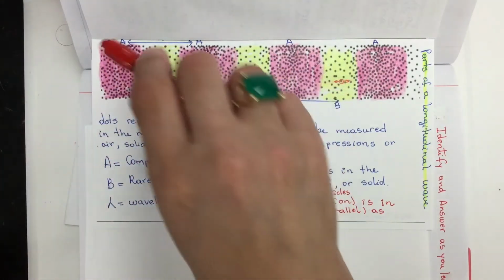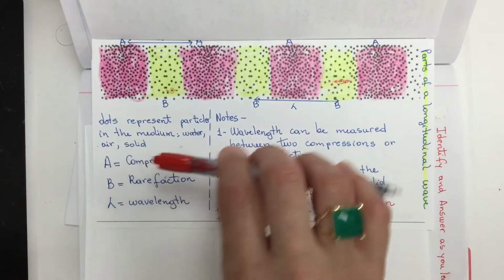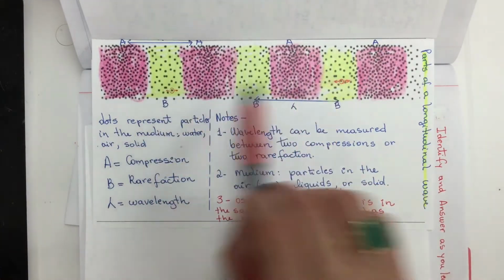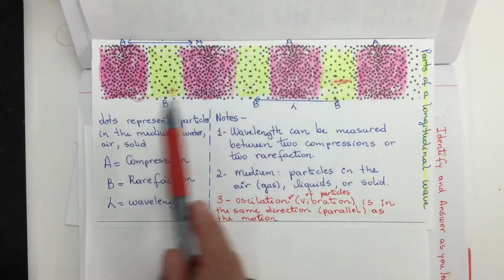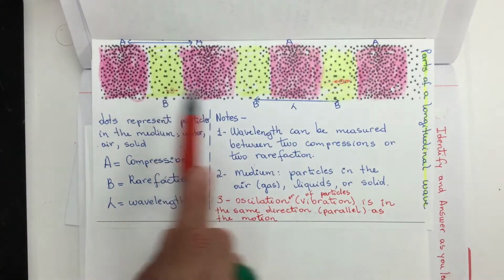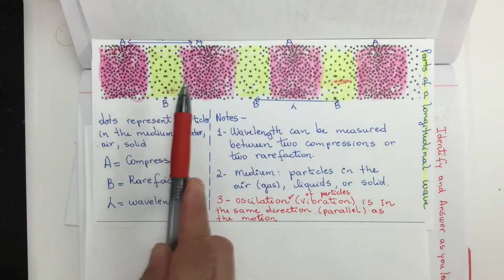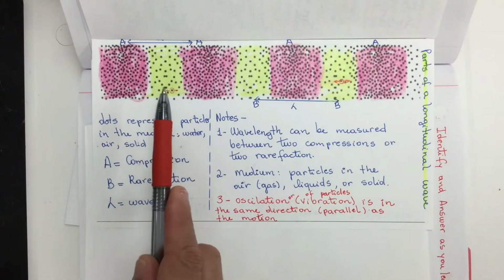So the wave is going, in this case, from left to right. So the particles in the medium, I can spot 2 here, just vibrate in parallel with the direction, right? So if the direction is this way, they vibrate parallel with the direction.